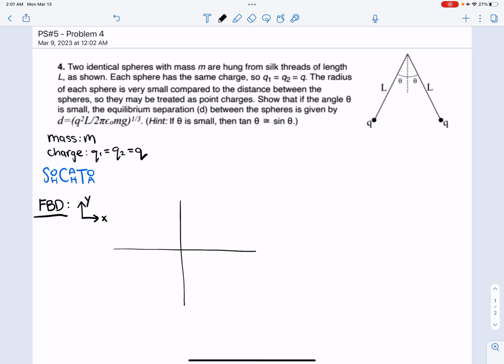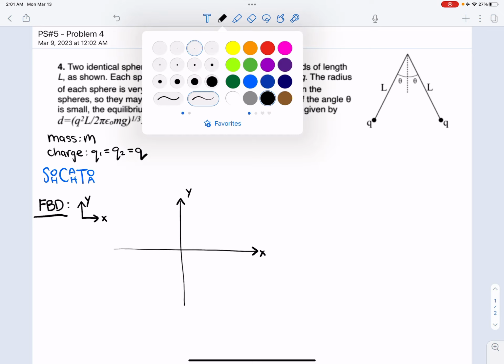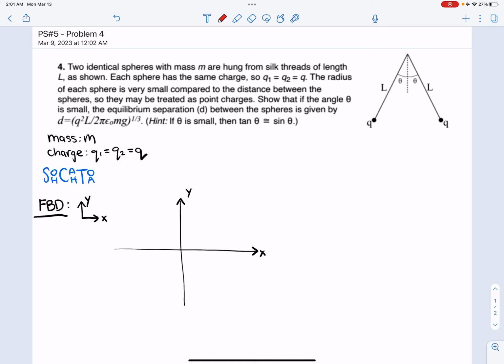This is y, this is x. And because these are symmetrical, I'm just going to use one point. So let's say I choose this point right here for point Q. So over here I've got Q, right? The charge Q.